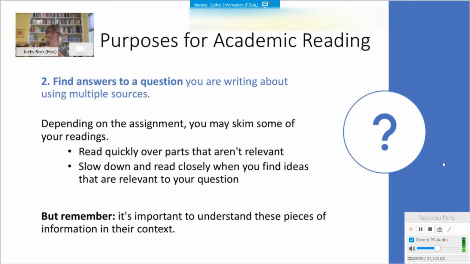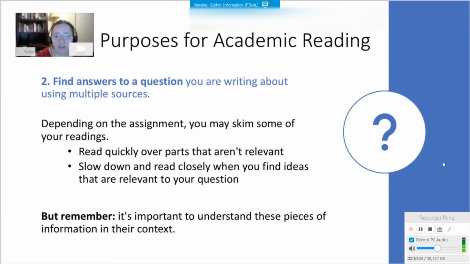Okay, thanks, Kathy. So now we're looking at the second one. Sometimes you'll be more focused on a question or set of questions than on analyzing a particular text. This will be the case when you're asked to write a research paper using multiple sources. Sometimes these sources will be given to you in an assignment, and sometimes you'll be asked to find them yourself.